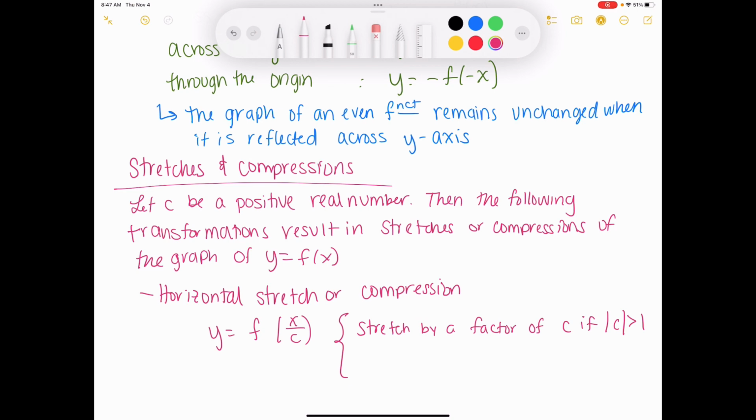As long as the number itself is bigger than 1, absolute value of it, then it's a stretch. It's a compression by a factor of c if the absolute value of c is less than 1. Okay, meaning it's like a fraction or a decimal that's not over 1.